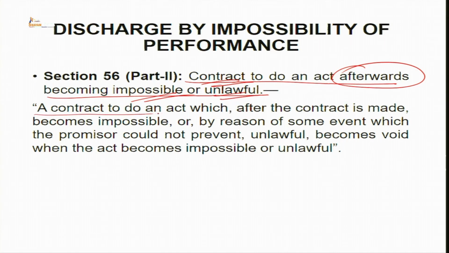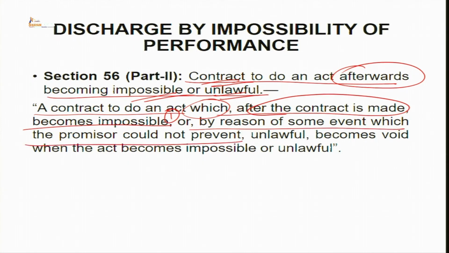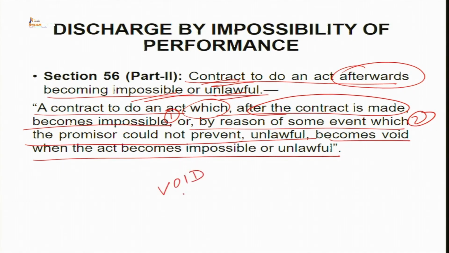It says a contract to do an act which after the contract is made becomes impossible, or by reason of some event which the promisor could not prevent, unlawful, becomes void when the act becomes impossible or unlawful. So 56 part 1 deals with void agreements, whereas 56 part 2 is dealing with void contract.